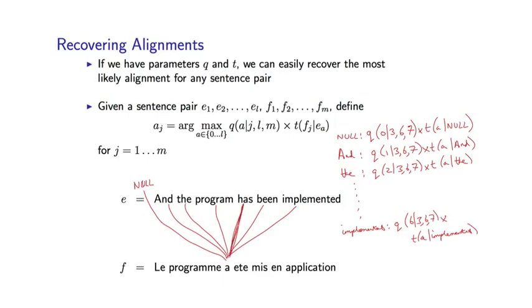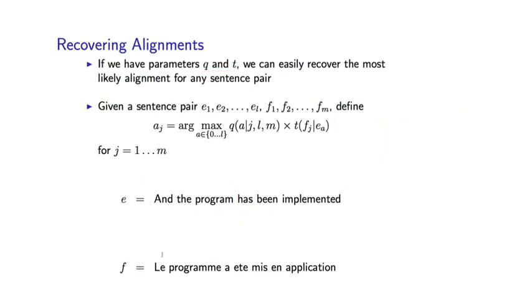In this case, you'd hope it was the word "has", which is the natural translation. To recap, the main message here is that once we have these parameters, it's very easy to recover alignments. So it's very easy to fill in these alignments on training examples, where an alignment specifies for each French word an alignment to one of the English words, where an English word could include the null position.